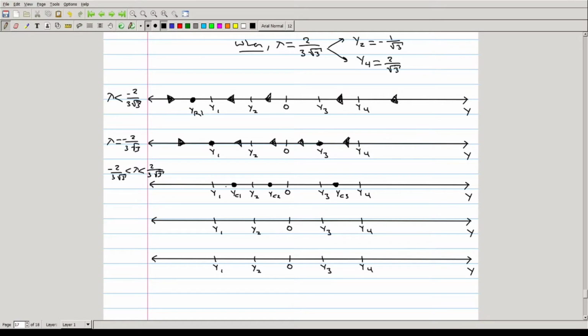And the idea, though, is that when y is less than yc1, you have that the f function is positive. When y is between yc1 and yc2, you have that it's going to be negative or decreasing. When y is between yc2 and yc3, you have that it's going to be positive.